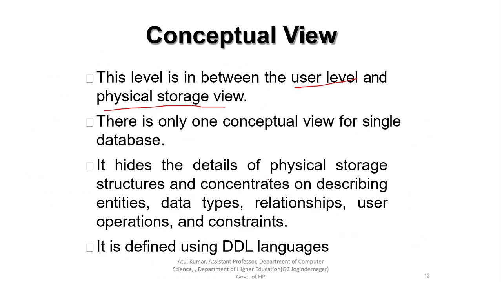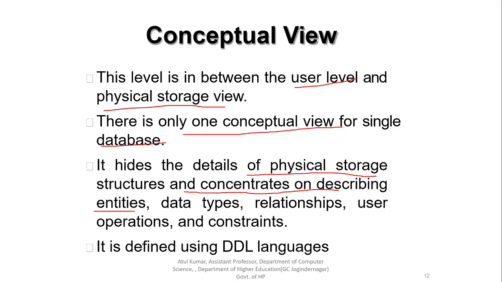There is only one conceptual view for a single database. We have n external views, but for each database we have only one conceptual view. It hides the details of the physical storage structure and concentrates on describing the entities.